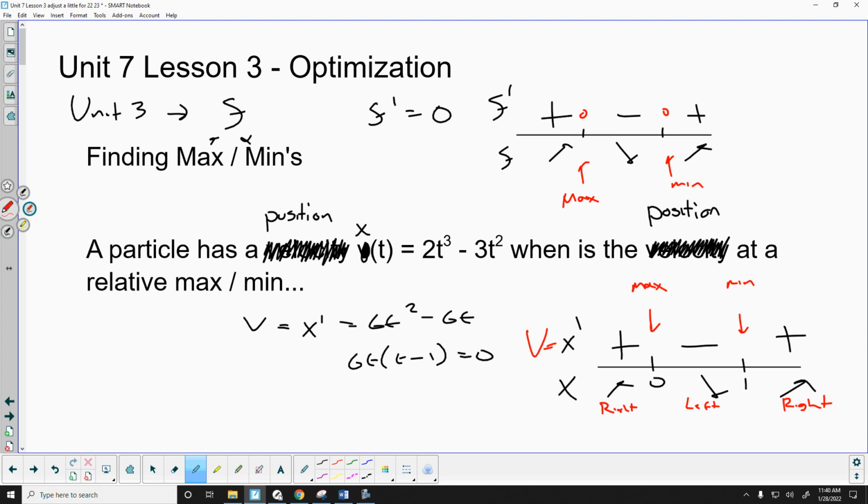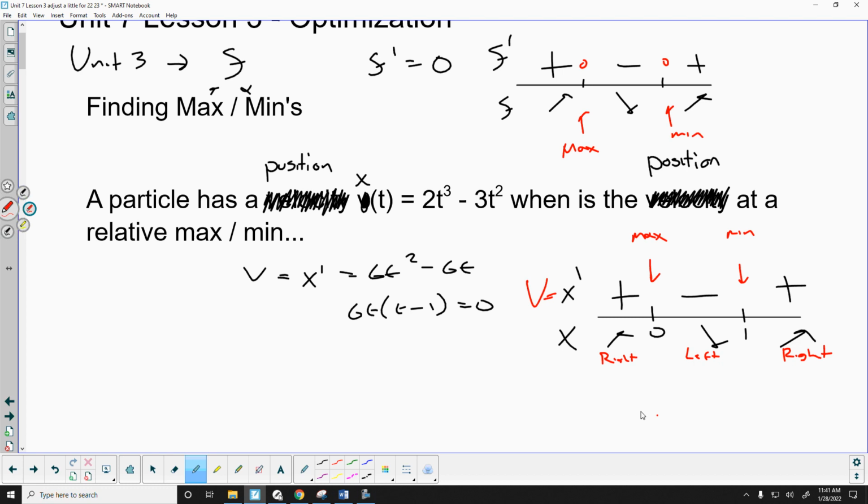But how else can I describe a max or a min of position? Boom, there's one thing. What do we notice about the maxes and mins? When we change direction. When we change direction, okay, that's one thing.